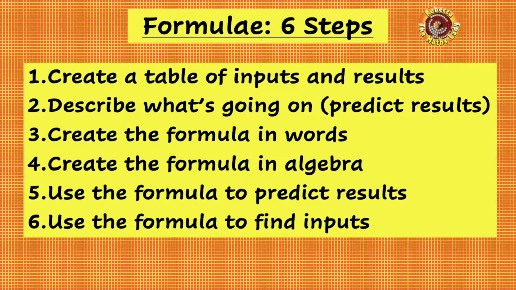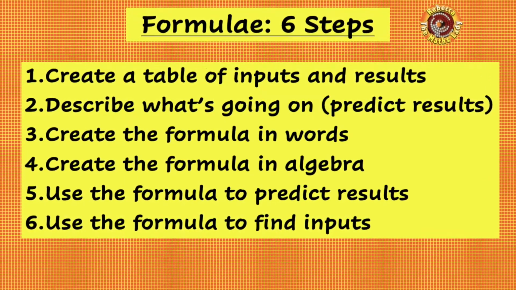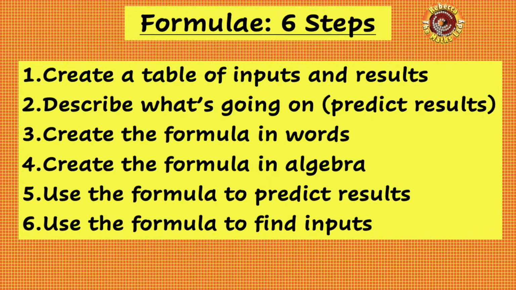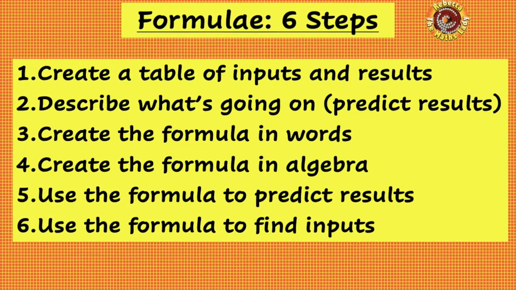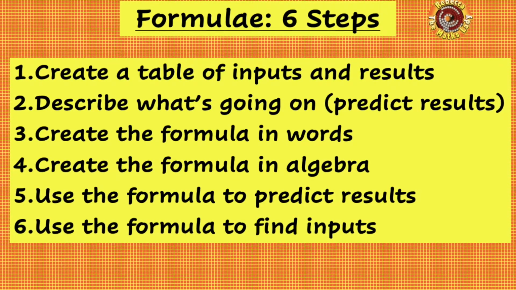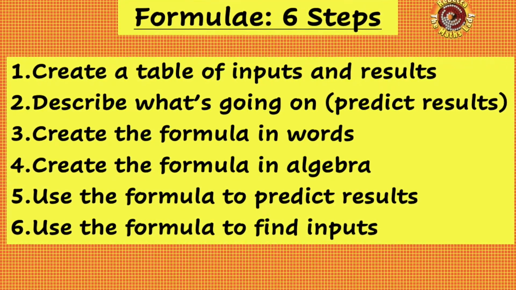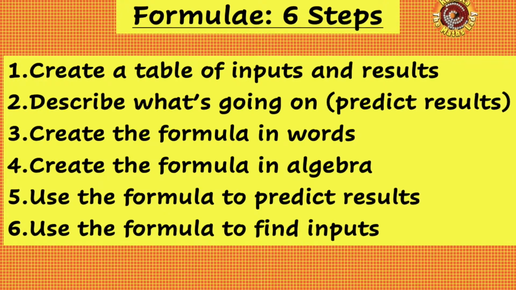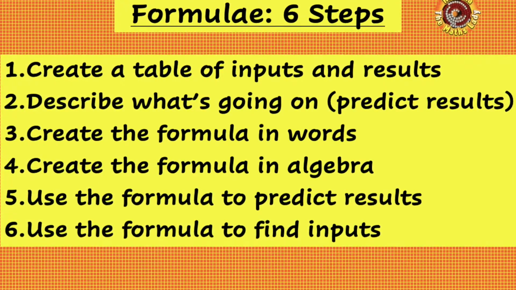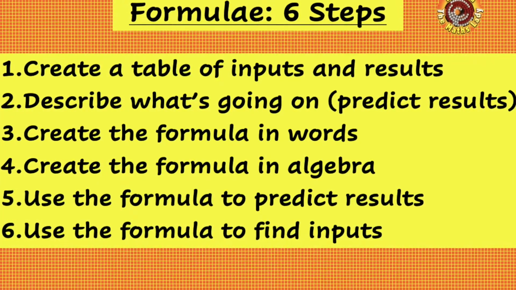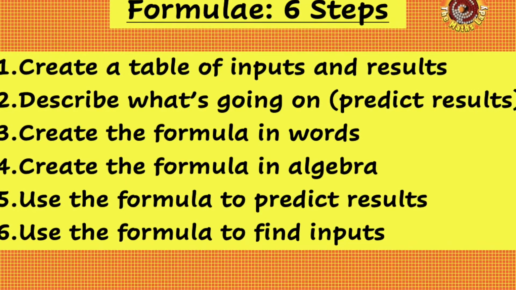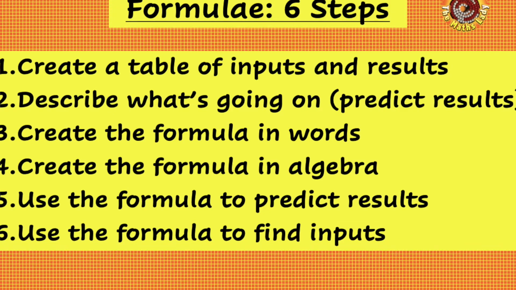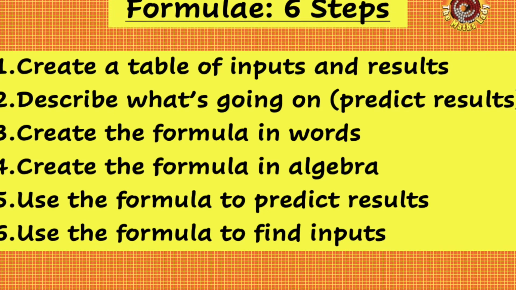Then you want to describe what's going on in words and use that description to predict results that aren't on your table. Then you want to create a formula that's written in words. Then you want to write that same formula in algebra. Then you want to use the formula to predict results. And finally, you want to work out inputs from results using the formula.